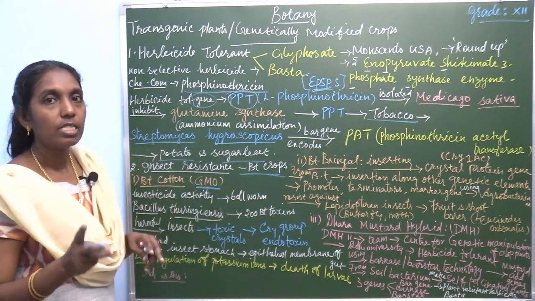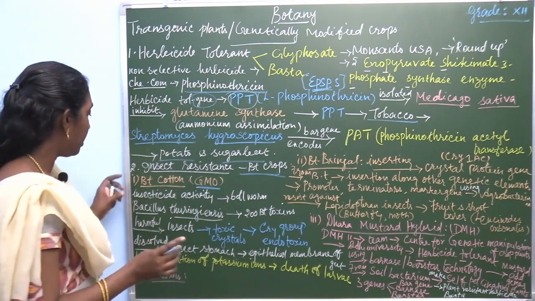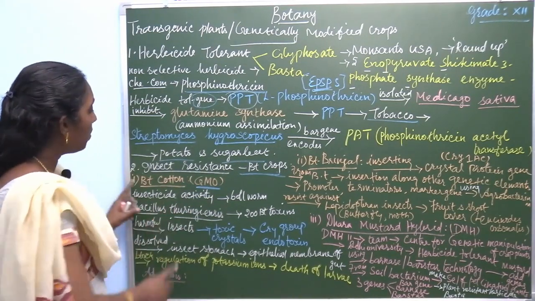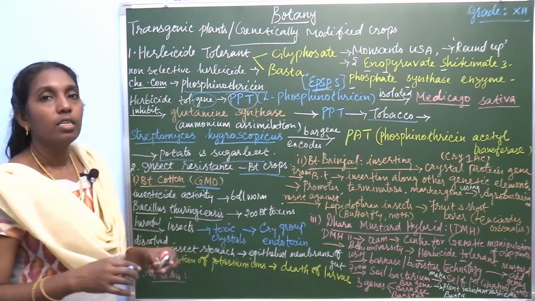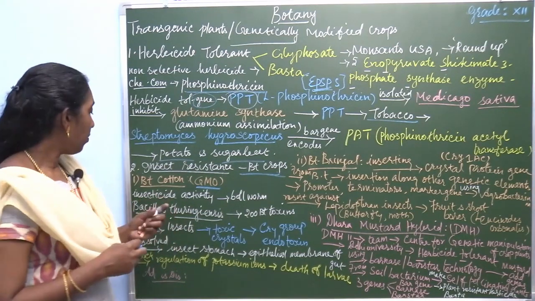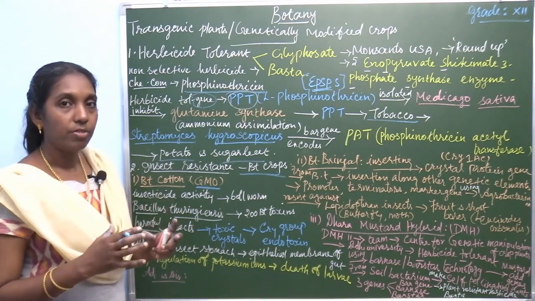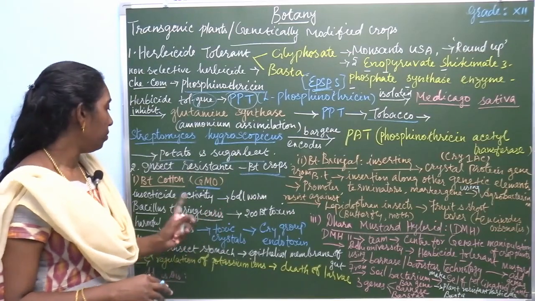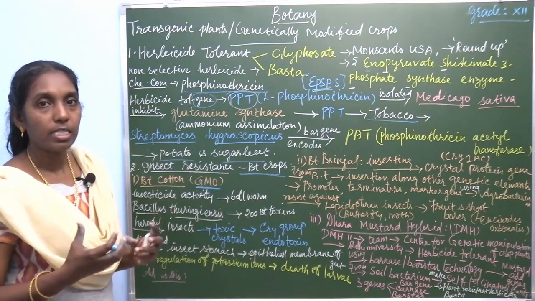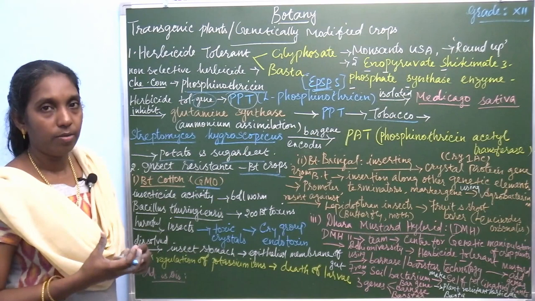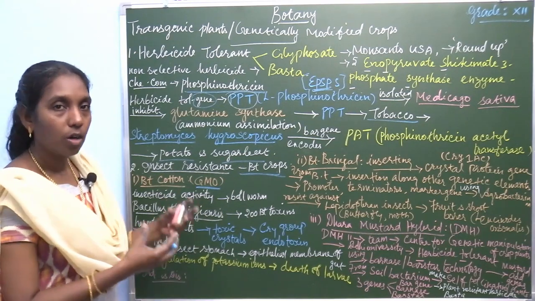So the second question is insect resistant varieties. In this BT cotton, the insect resistant variety has insecticidal activity against bollworm. In cotton plants, there is a worm called bollworm which comes and eats the cotton plant.